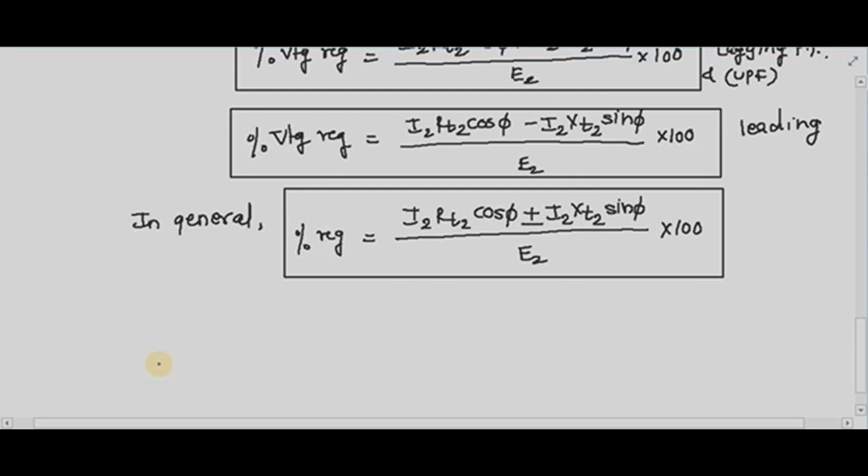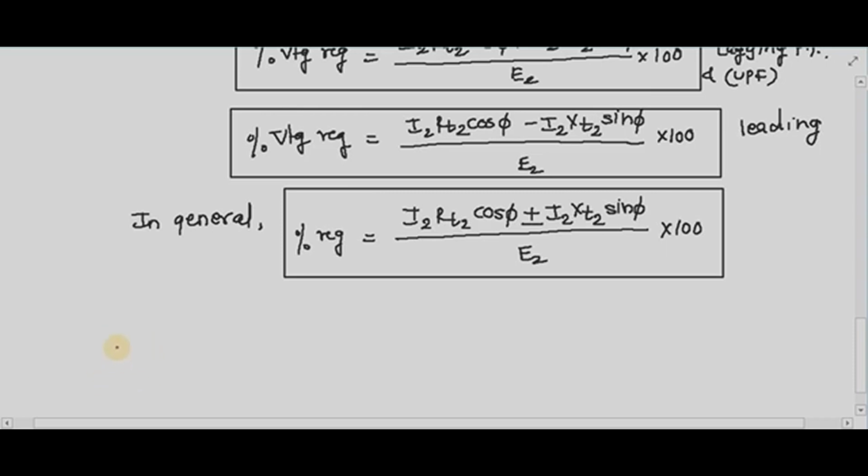This formula will get modified to another formula if we consider the simple equivalent circuit of the transformer referred to the primary side. Again we will draw the corresponding phasor diagram and from that phasor diagram we will derive the equation.